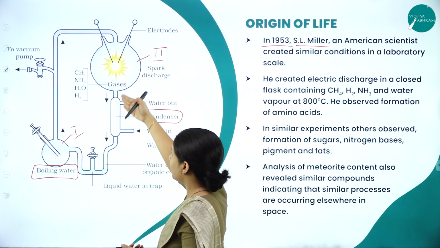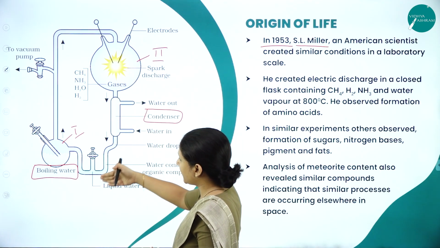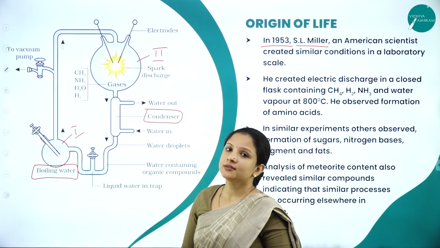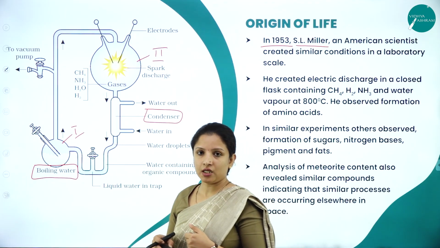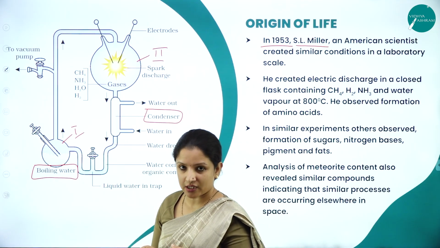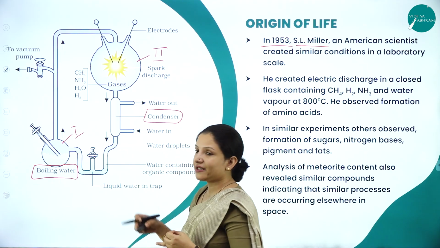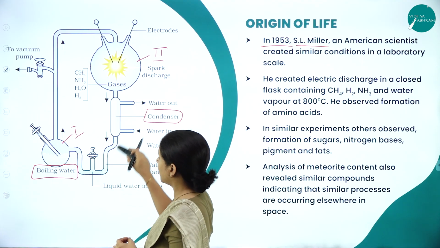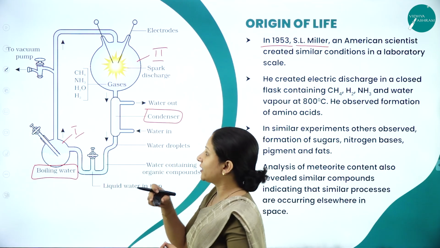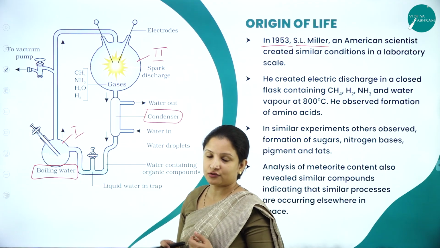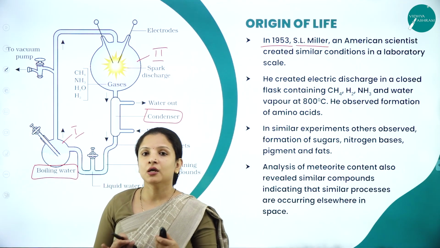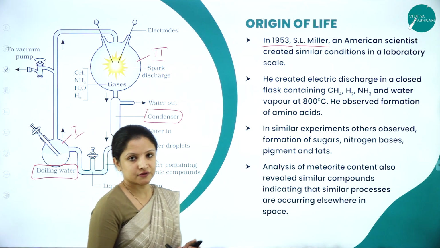Later on they got to know that the present day atmosphere was formed because of the lightning, because of the electric charges discharged by the lightning, and because of the heating of the earth, which resulted in collection of water vapor, along with methane and ammonia gas. All these contributed to the formation of the present day atmosphere.